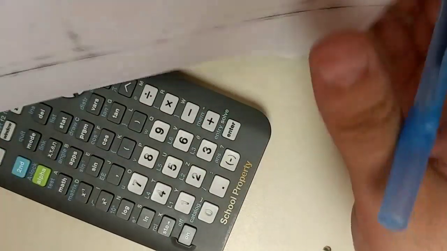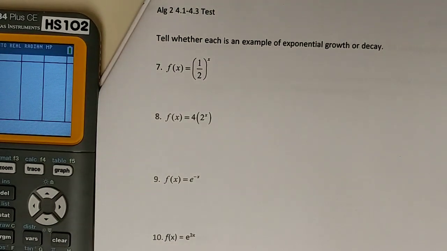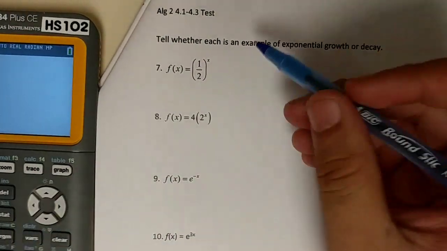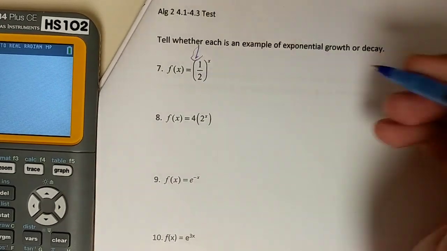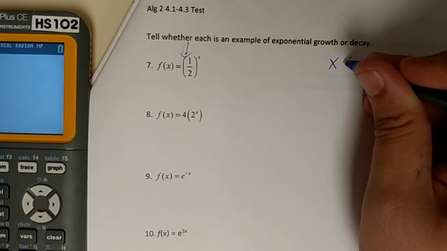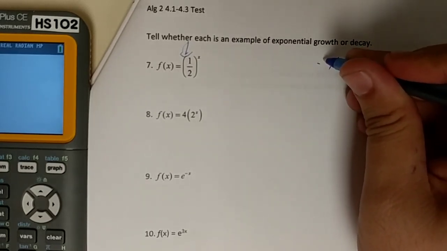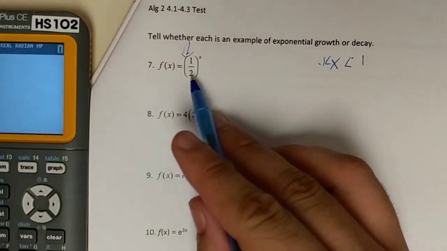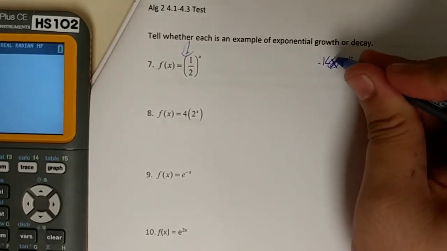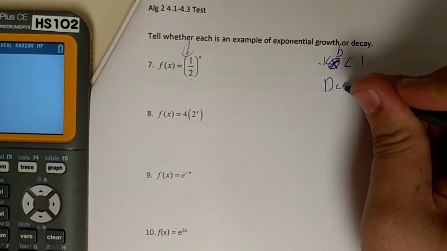Let's go to the next page. Is it growth or is it decay? Our favorite game. So, it's actually really easy. This number that's in the parenthesis, if b is between negative 1 and 1, so this number is between negative 1 and 1, it's a decay.